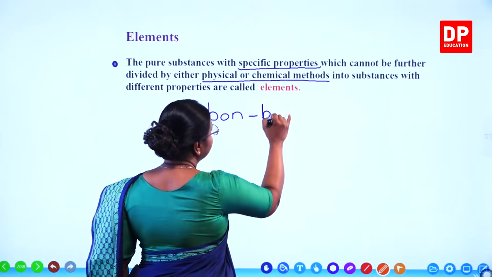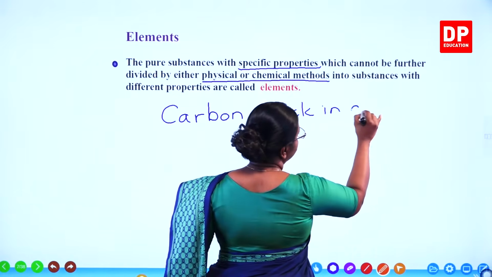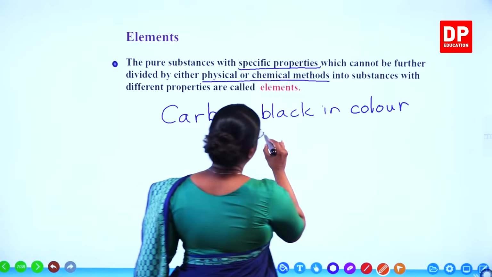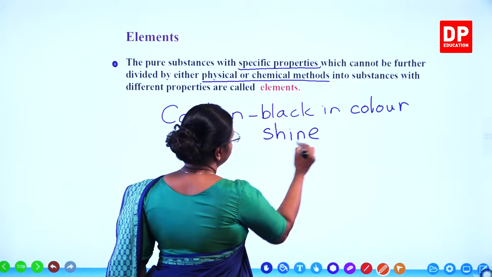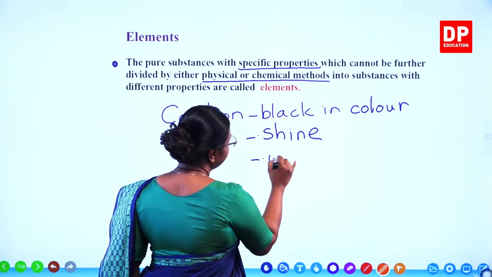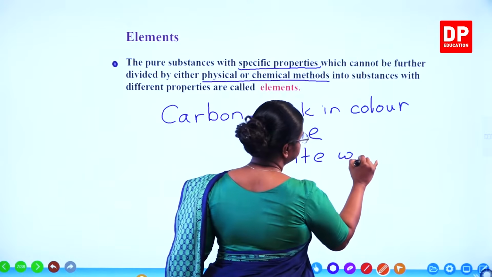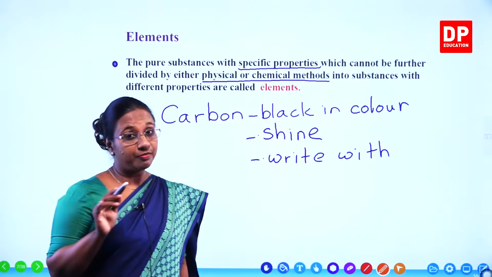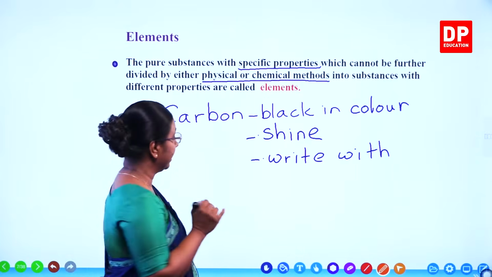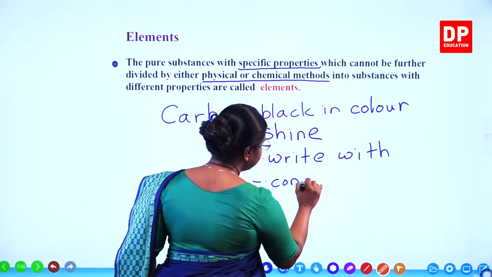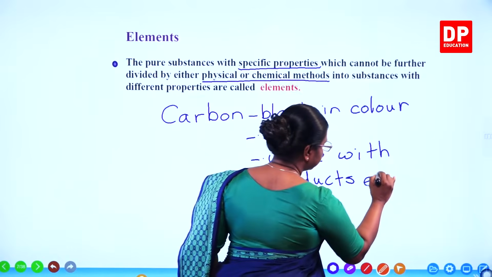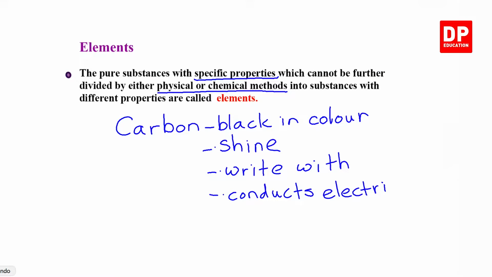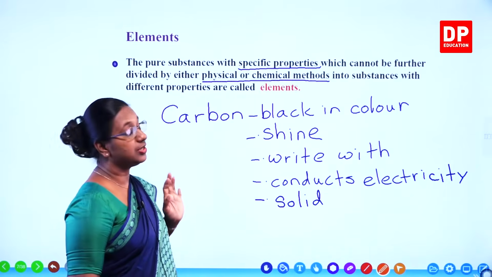We said it is black in color, then it has a shine, then you can write with it, and also you're familiar with it, it can conduct electricity. And also at room temperature it is a solid. So these are some specific properties of carbon.